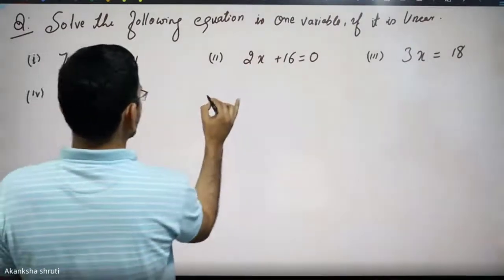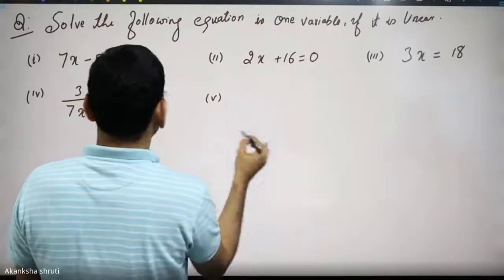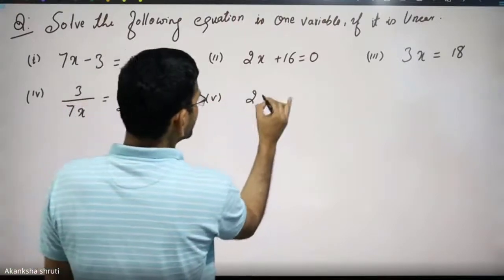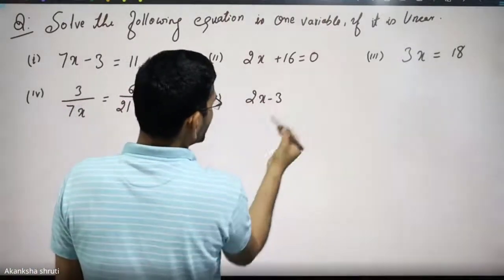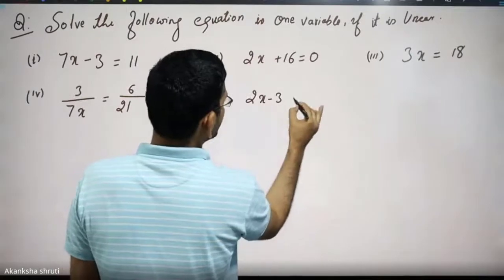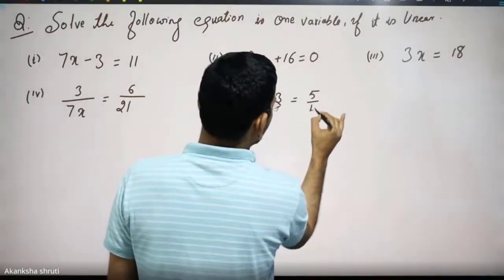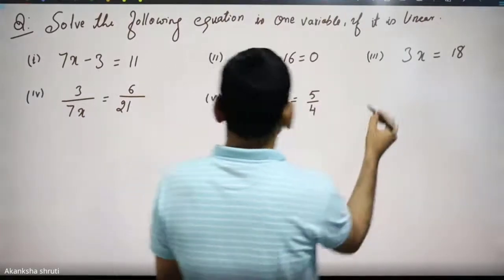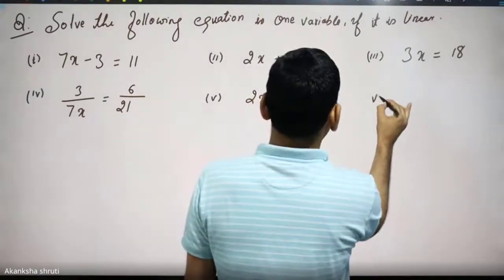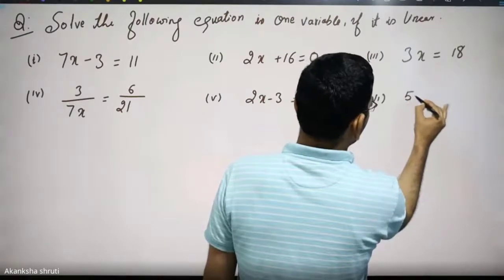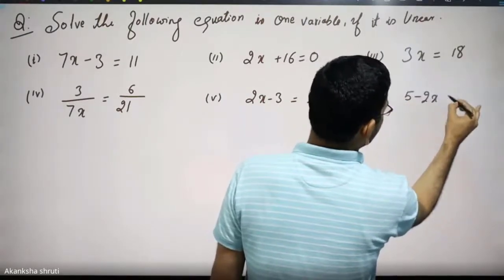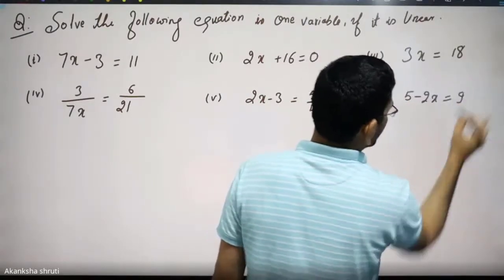Then the fifth one, 2x minus 3 is equal to 5 by 4. The sixth one, 5 minus 2x is equal to 9.